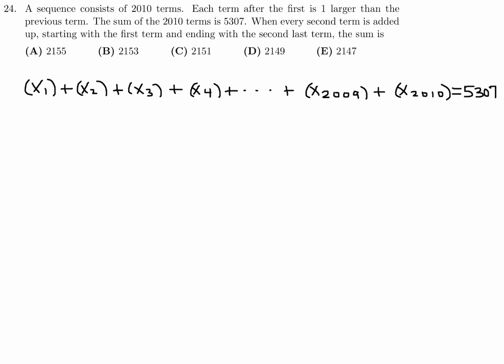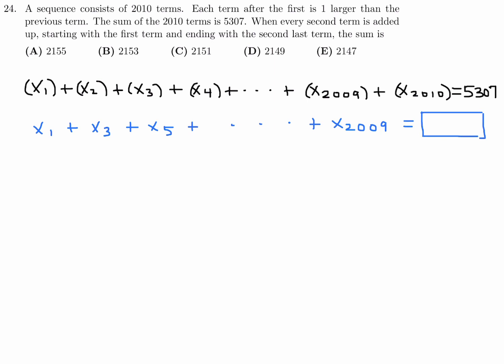Now let's discuss what it is they want us to figure out, which is right here. Every second term is added, starting with the first term and ending in the second last term. So they want us to find x1 plus x3 plus x5 all the way up until the second last term, which is x2009. What is this sum?